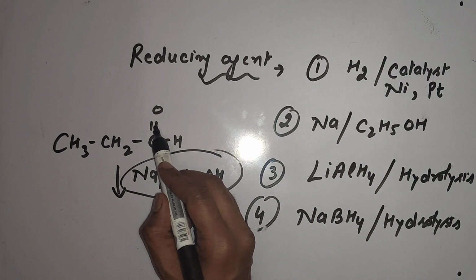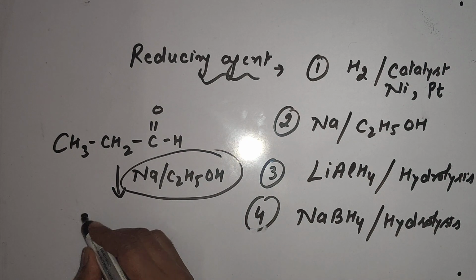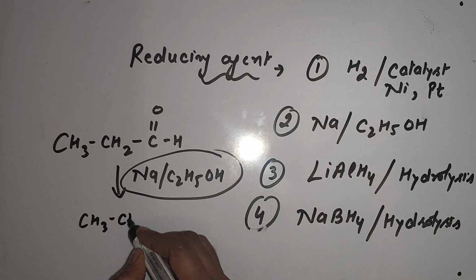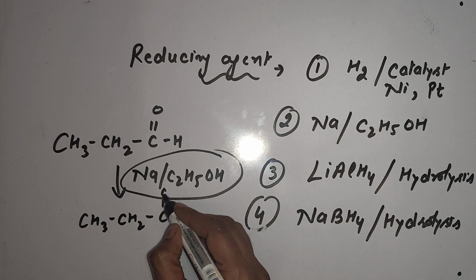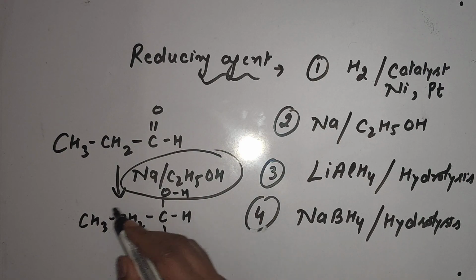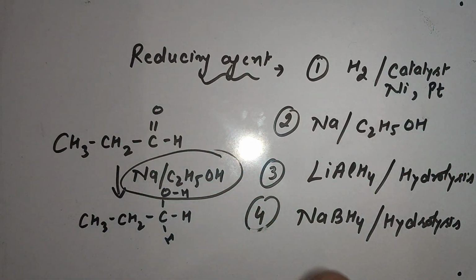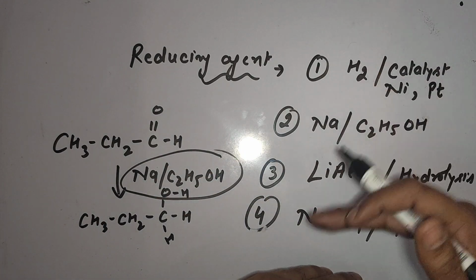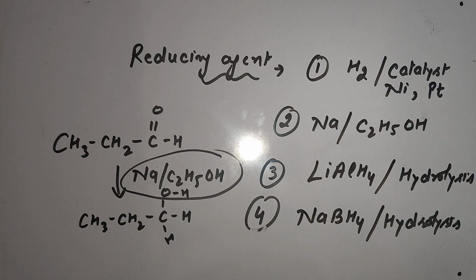Loss of oxygen means break one bond from oxygen. Make it a single bond with H and satisfy the rest of the valencies with hydrogen. So propan-1-ol will be generated. In this fashion, you have to complete the reactions on the board. Learn these reducing agents. Now, we are going to talk about the next level of work, that is the mechanism.